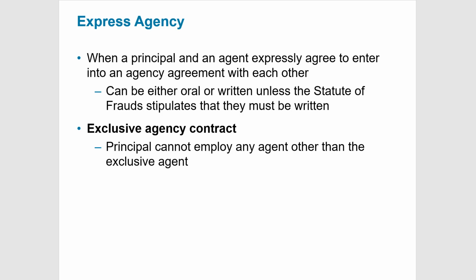Several years ago, when I was looking to buy my very first house, I hired a real estate agent. And at that time, it was very common for real estate agents to make you sign agency contracts with them. And oftentimes they would be exclusive agreements saying that for some period of time, call it a year, call it 2 years, I wouldn't hire any other real estate agent other than this one that I had formed a contract with.